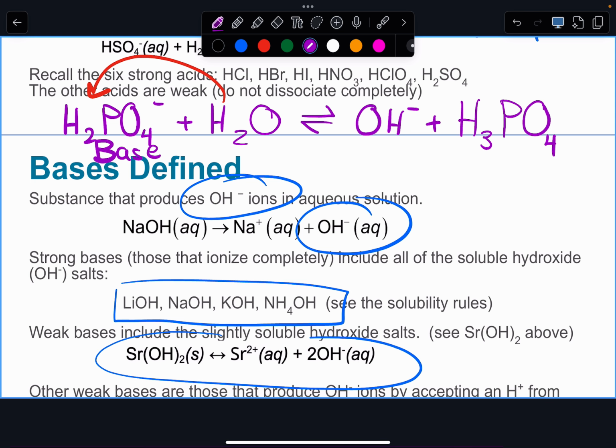We'll get into this a ton more in Chem 2. We have to spend a lot of time talking about this idea of weak reactions, or reactions that don't go to completion, before we can do some of the more complicated things with weak acids and bases.